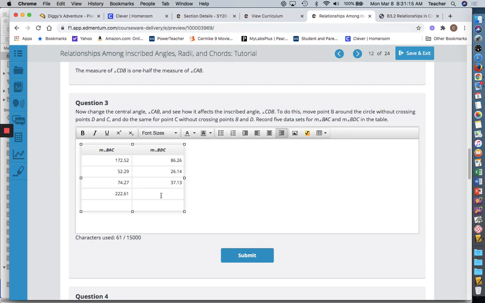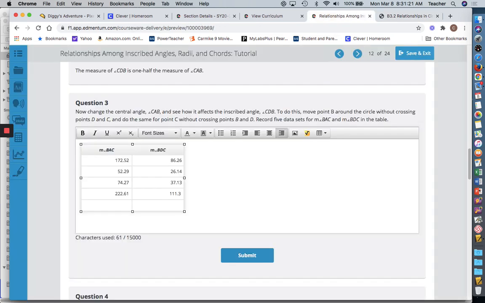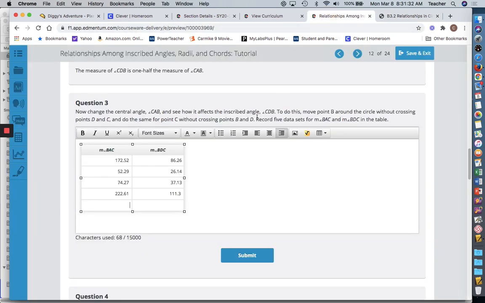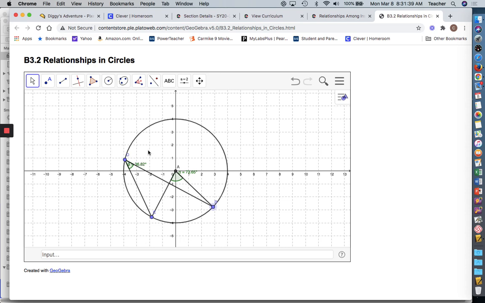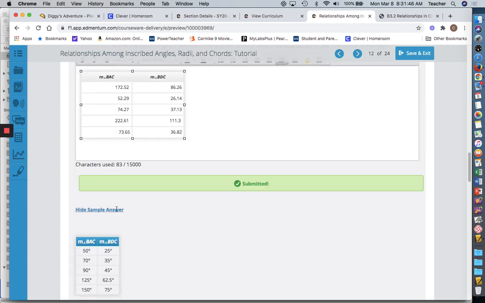If I divide that by 2, I get 111.3. All right, last one. Central angle 73.65. If I divide that by 2, I get 36.82. All right, let me submit that as question number 3.